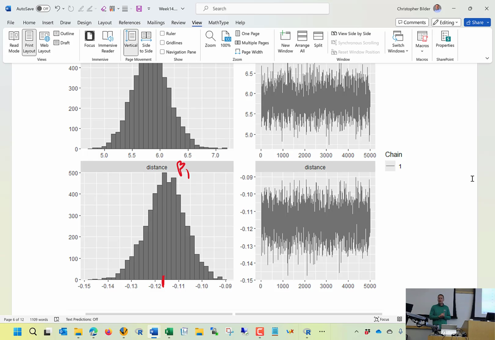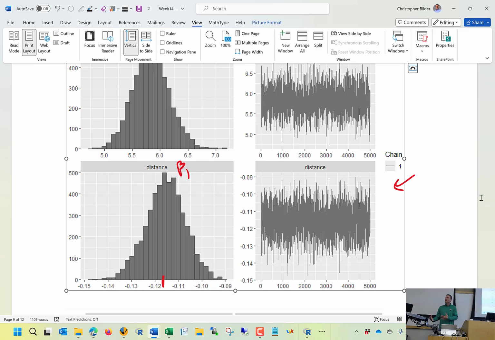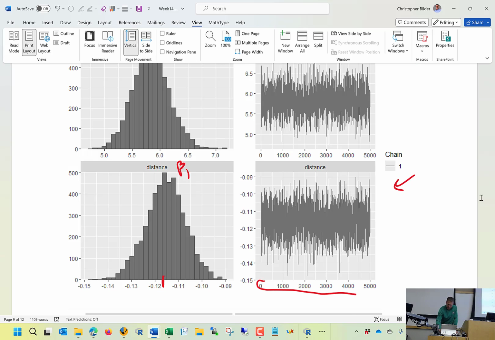But what we see here on the right side is something that we see in this time series class a lot. A plot of our data over time. We have time on the x-axis, which represents the order that I got these betas from.